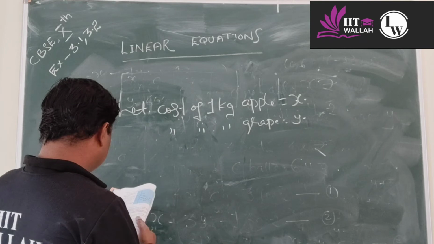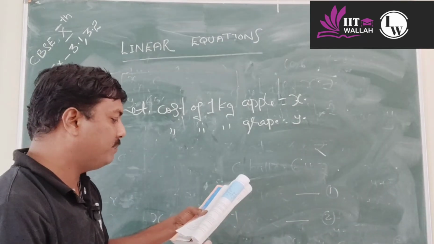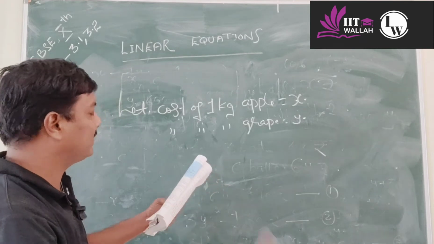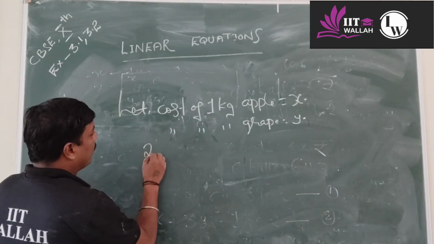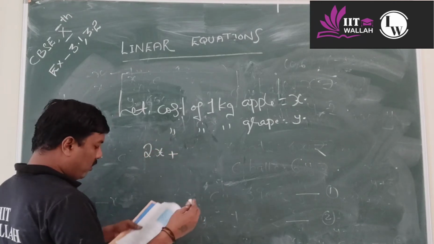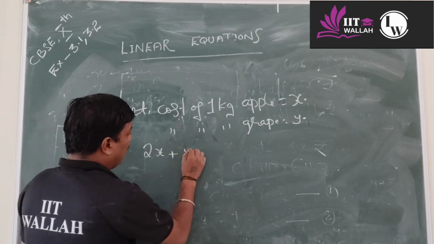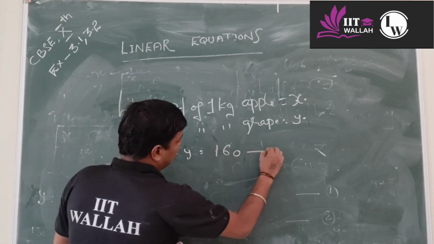Together, 2 kilogram apples and 1 kilogram grapes on a day was found to be 160. That means 2 kilogram apple, 2 into x, plus 1 kilogram grape, y, will give you 160 rupees. 160. This is equation number 1.